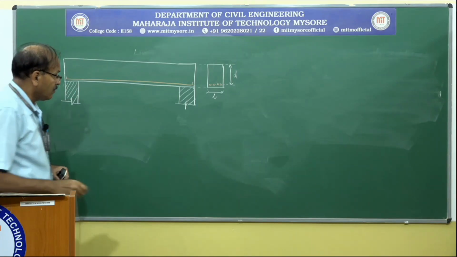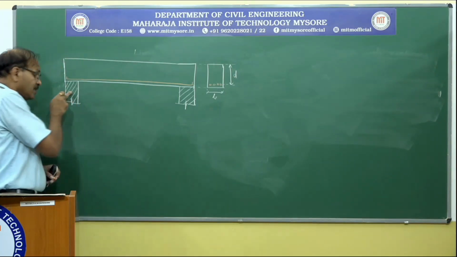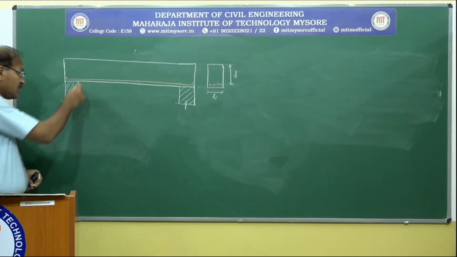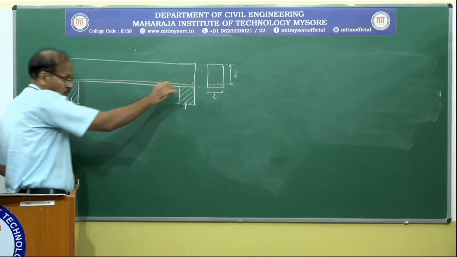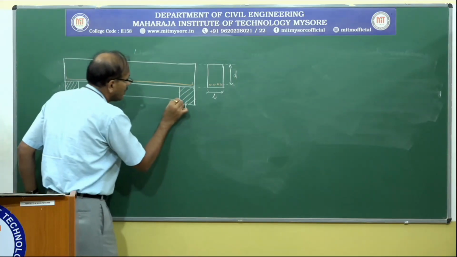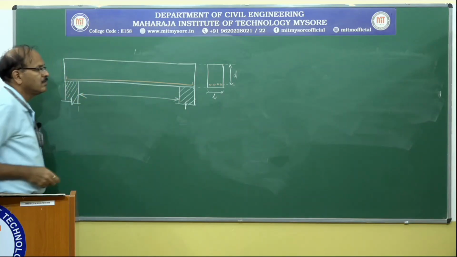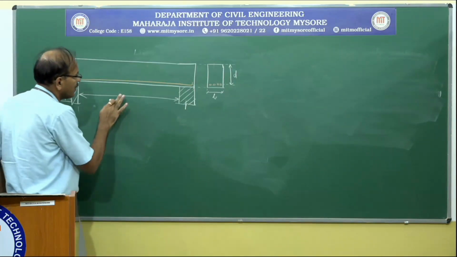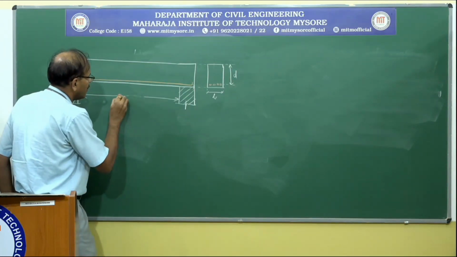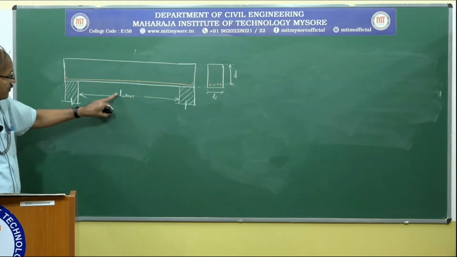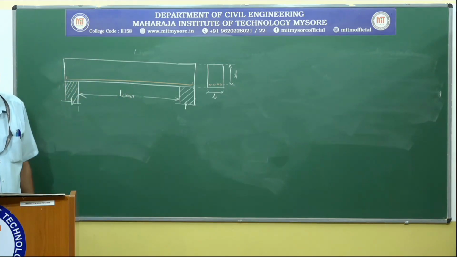Okay. So this is the support. This is one more support. So this is the face of the support. One more face. So the distance between these two faces of the support is the clear span. L stands for span, and I have written clear.